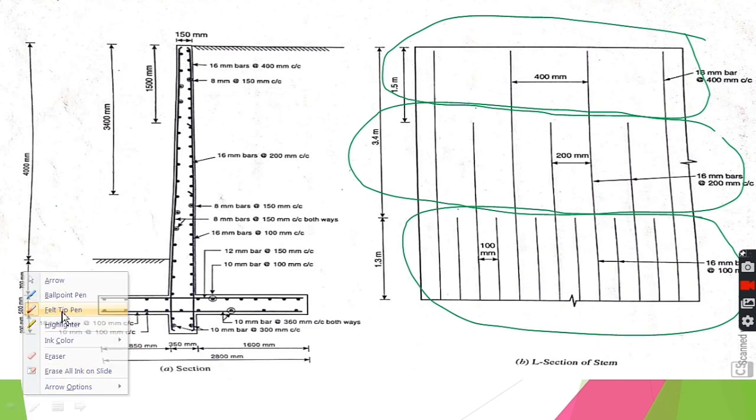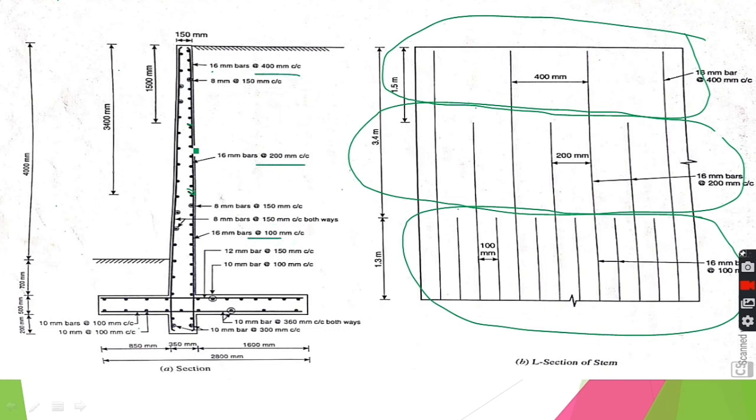Whenever you are drawing the detailing, you have to draw the cross section as well as the L section of the retaining wall. Here you can see this vertical line, and this hook are showing the curtailed bars. Now these are 16 mm dia at 100 mm center to center, at 200 and at 400.